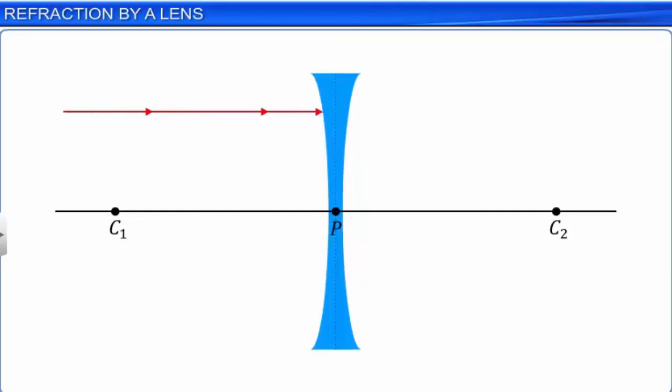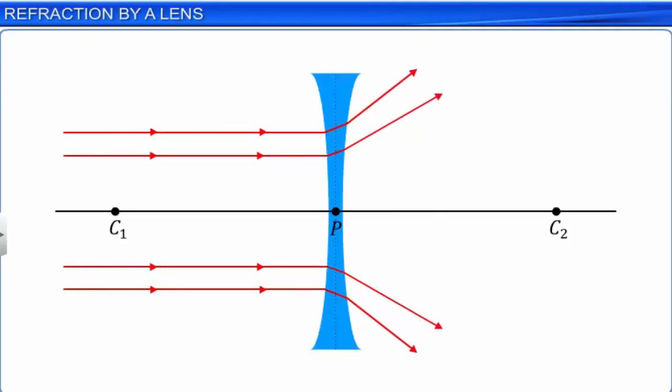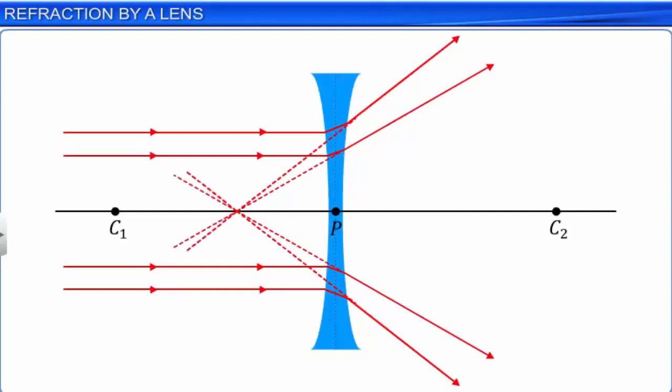Upon refraction, it appears to be diverging from a point on the principal axis, and such a point is called the second principal focus. Note that if we merely mention principal focus, it means we are referring to the second principal focus. The distance between the optical center and the principal focus is called the focal length f of the lens.